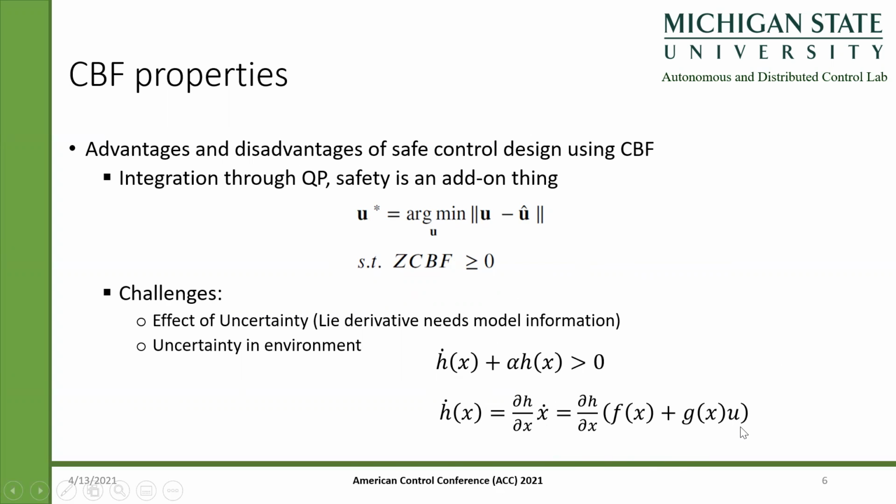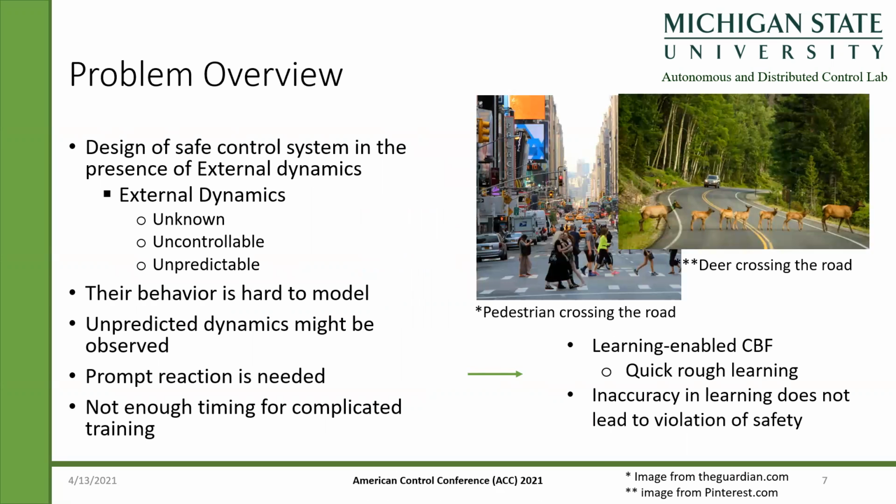So we need to investigate the effect of uncertainty, and also uncertainty in the environment. The focus of this presentation is how we can have a safe controller for a system which is working in a shared environment with other external agents.